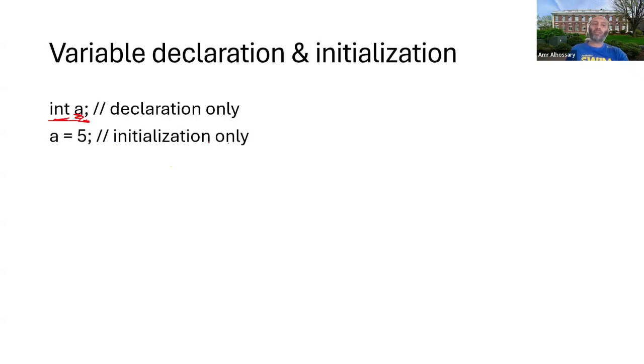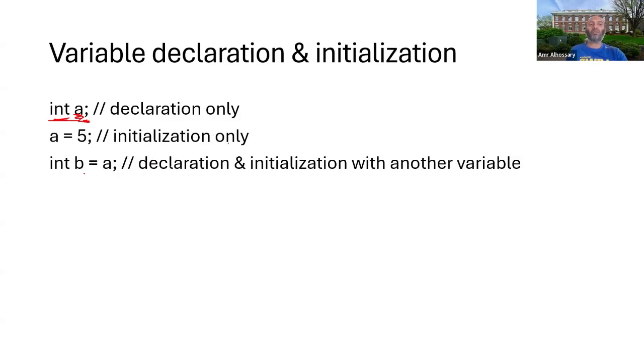A equals 5 is an initialization only. We can make declaration and initialization in the same statement. Here we made initialization with the value of a previously declared and initialized variable. So int b is a declaration of variable b, initialized with the operator equals, and this is the value to be initialized, read from this a.